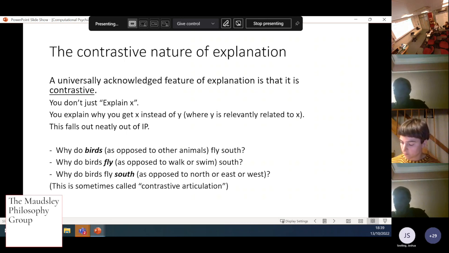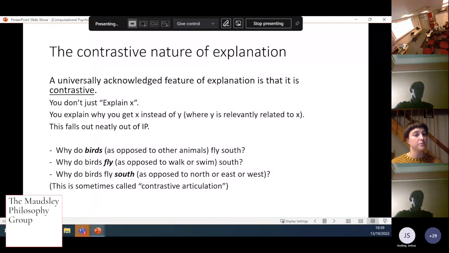And this is a kind of surface feature of something that everyone agrees on in the philosophy of explanation, which is that explanations are contrastive. You don't just explain X, you explain why you get X instead of Y, where Y is relevantly related to X. So why do birds, as opposed to other animals, fly south?